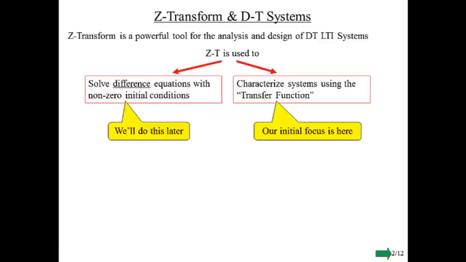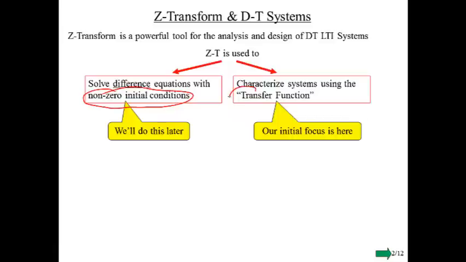So the Z transform is a powerful tool that we can use, and there are two main things that we would use it for. One is to solve difference equations when we have non-zero initial conditions. And we will do that, but we'll do that later in the course. First, we want to continue focusing on this idea of characterizing systems in terms of their frequency response.